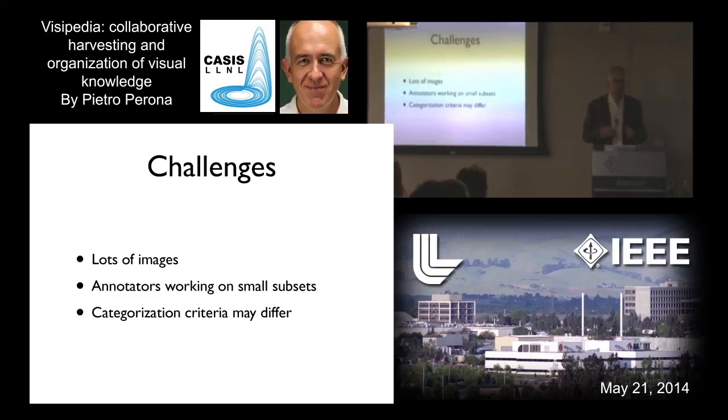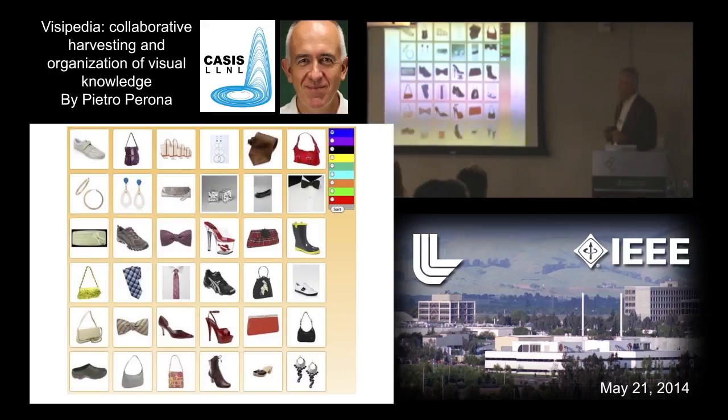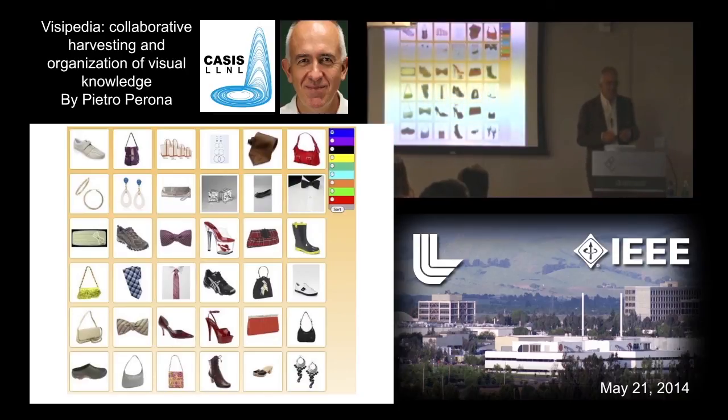So we thought we could do something. And here is the experiment we ran. So we collected data sets where clustering is an interesting question. And we showed them in these 6x6 patterns to people on the web. And their task was to pick a random color each time, so blue, violet, black, and so on, and use the color they had chosen to click on images of objects that might belong to the same category.